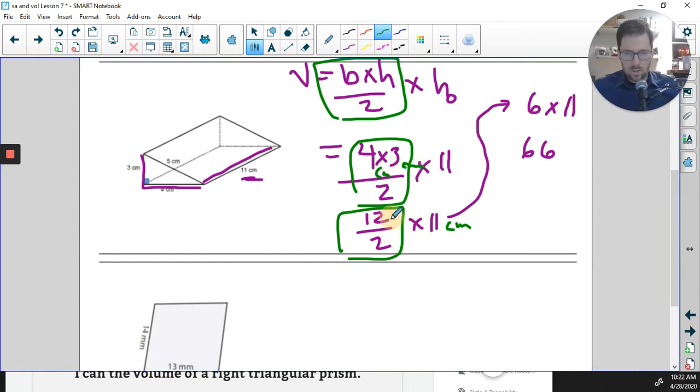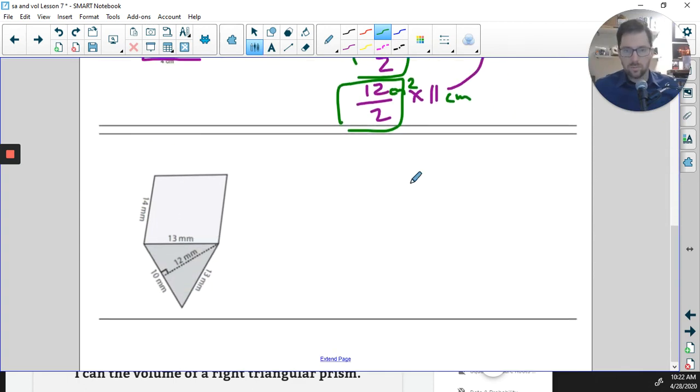So this is actually centimeters squared. So we have 6 centimeters squared times 11 centimeters. And so that is going to equal 66 centimeters cubed. Okay. Got it? Excellent. Let's roll down to another one.